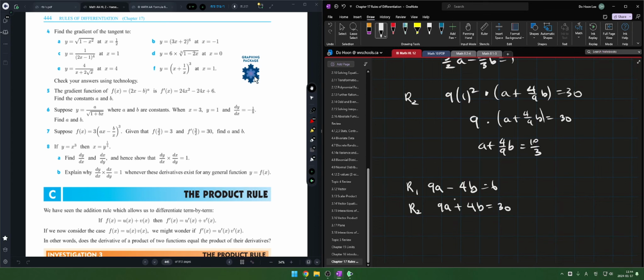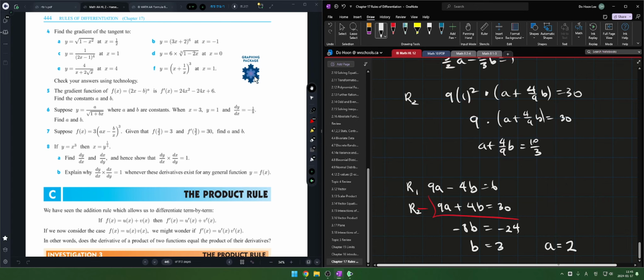Then I think very naturally we can subtract. It'll be negative 8b, and a minus 12 plus a equals 2.